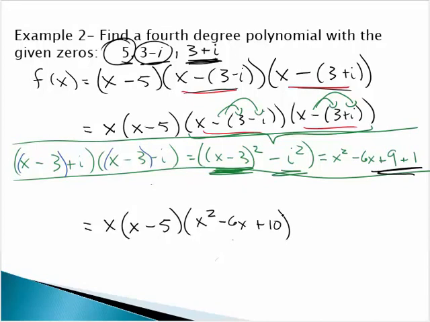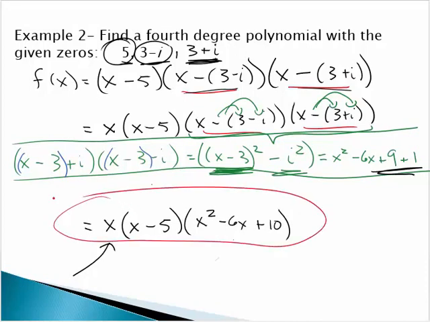Okay, that's my fourth degree polynomial with the given zeros 5 and 3 minus i. I had to put in the 3 plus i, understanding that complex zeros come in conjugate pairs. And then my choice, the option for this one was to bring in another 0, anything I wanted. So I picked the easy case, 0, right, the origin. Okay, so there is my fourth degree polynomial with the given information. I could multiply that out to have x to the fourth, but I'll leave it as is.